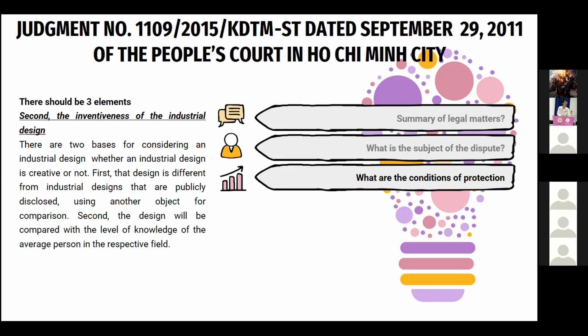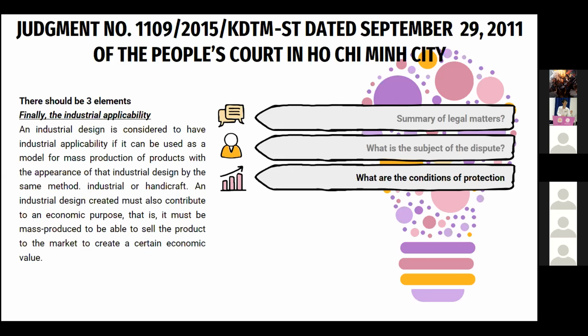Second, the design will be compared with the level of knowledge of an average person in the respective field. The inventiveness of industrial design requires that the industrial design have its own distinctive characteristics. It is the inventiveness of the industrial design that makes it a unique design solution compared to other industrial designs, making that industrial design different from other designs.